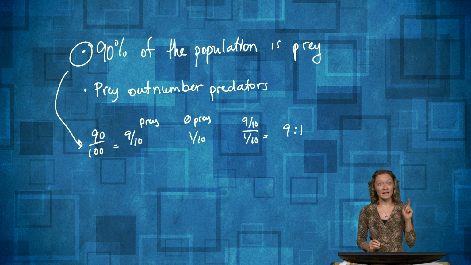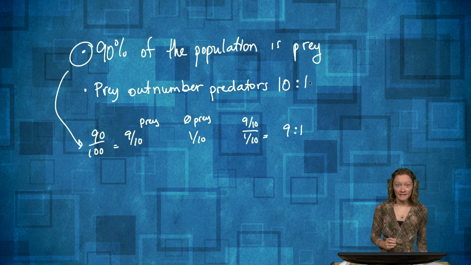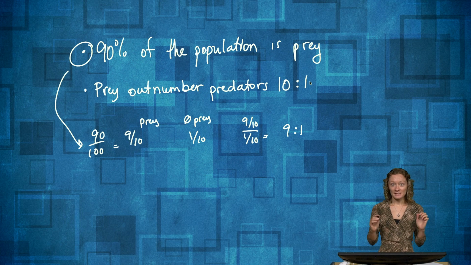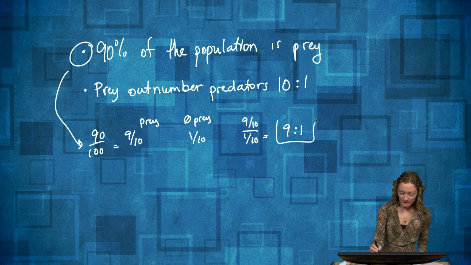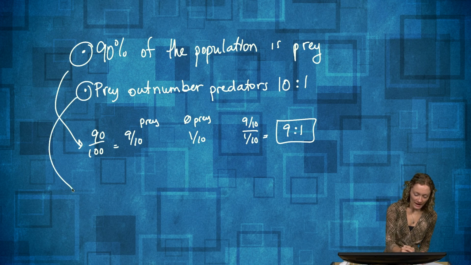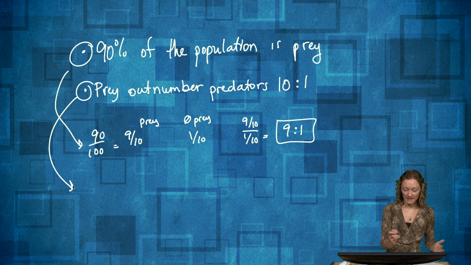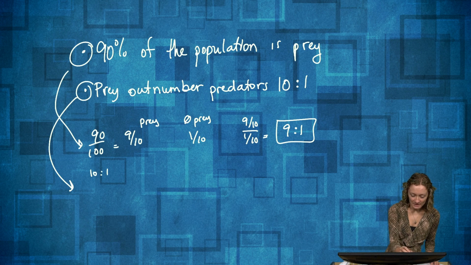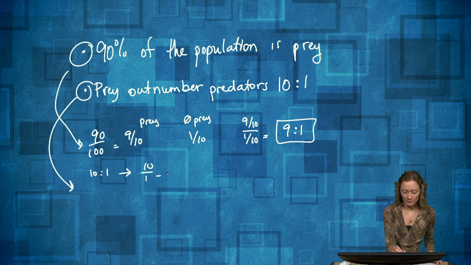But she says prey outnumber predators 10 to 1, which is not the same. So 90% equates to 9 to 1. If we went the other way with this information, prey outnumber predators 10 to 1, to bring it back to a percentage, this, remember, means, in our going backwards version, 10 over 1, if we need the fractions in there.